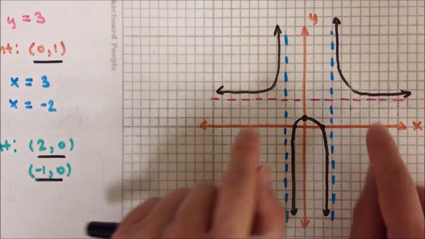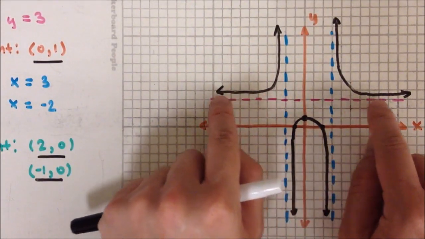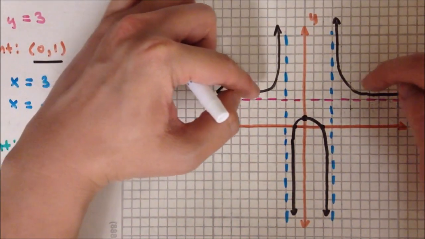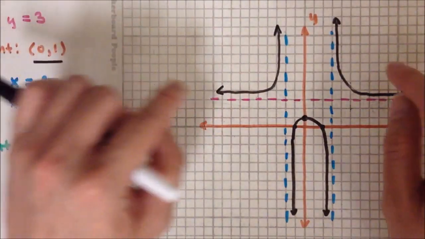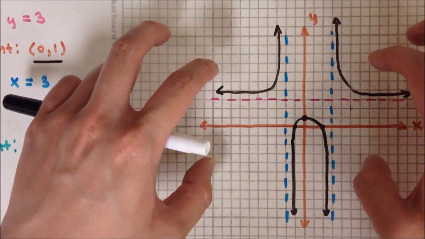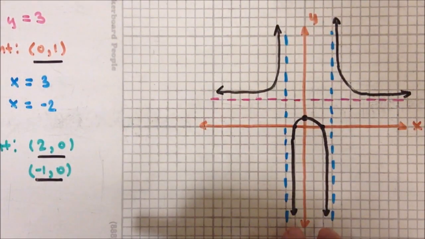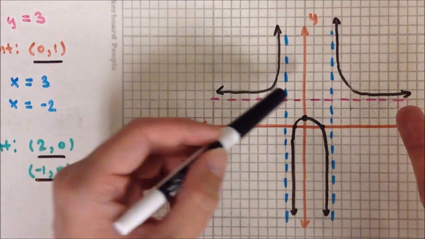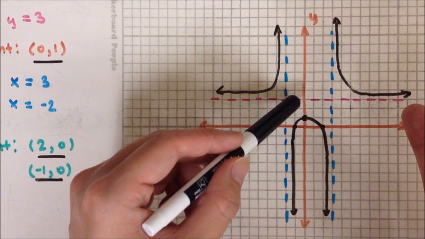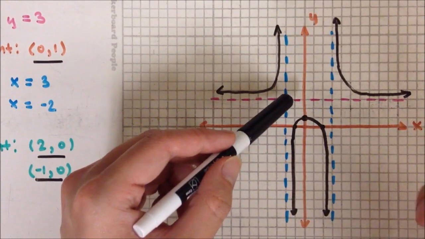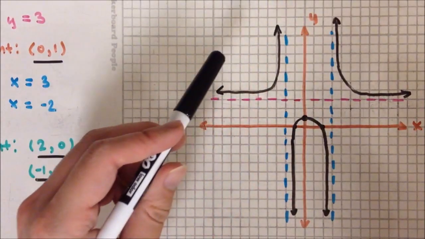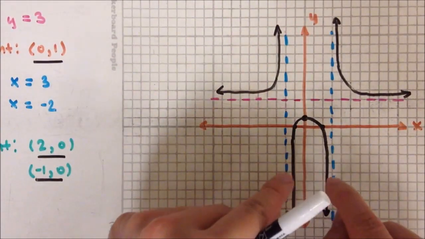As you can see here, the graph is going along the horizontal asymptote just like it's going along the vertical asymptote. That's for the right and left graphs. But if you do have a middle graph, it follows the vertical asymptote. Two scenarios: the first is that it doesn't touch the horizontal asymptote. The second is that it might go through the horizontal asymptote. But again, that's only for the middle graph.